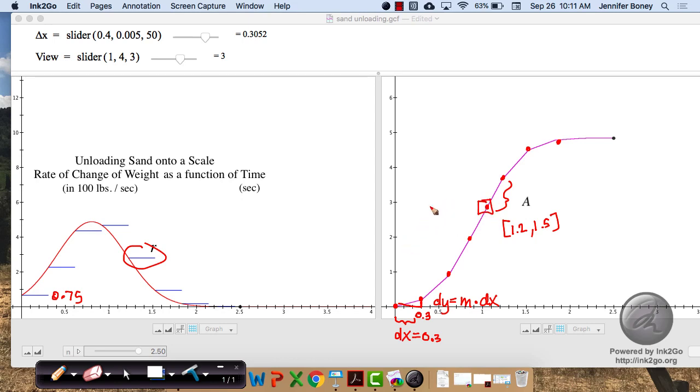So thinking about this x initial, y initial, if I knew that point, then I could project for any point within this next interval what my new amount of accumulation is.